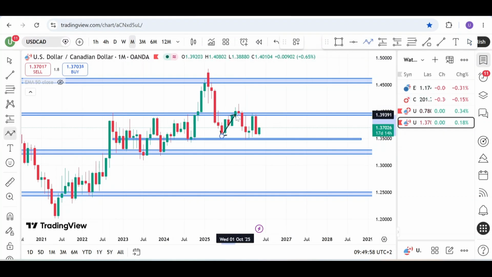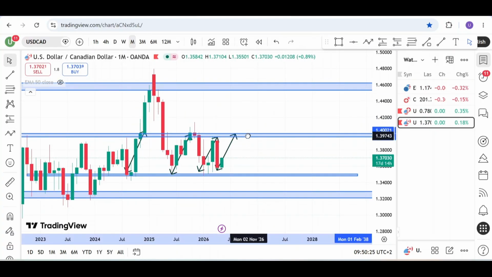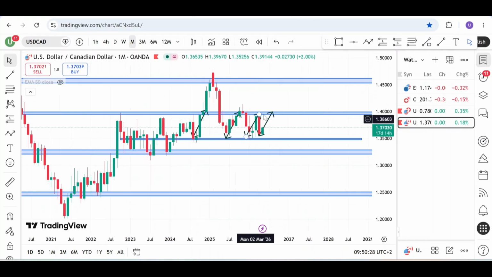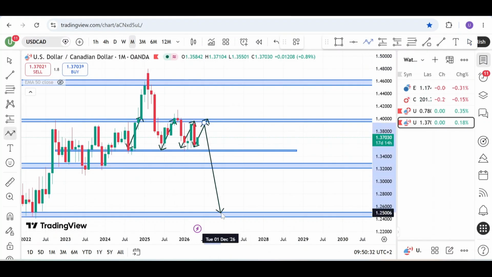Even here you see the buyers already returned the price upward one time, two times, three times here, so we expect that the same shift could happen here also, to return back to this resistance before we see the sellers splash back down.